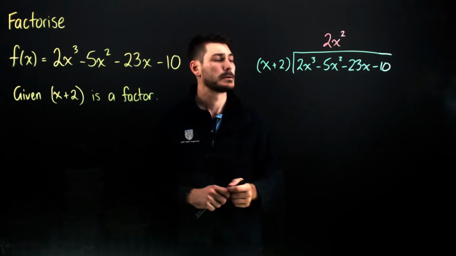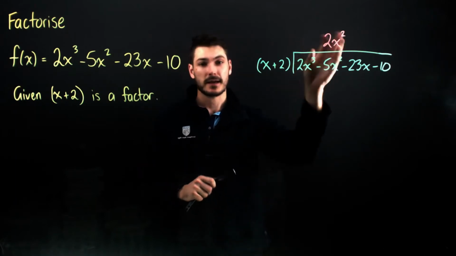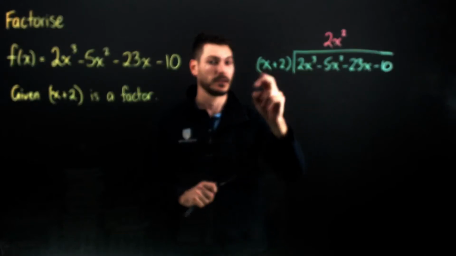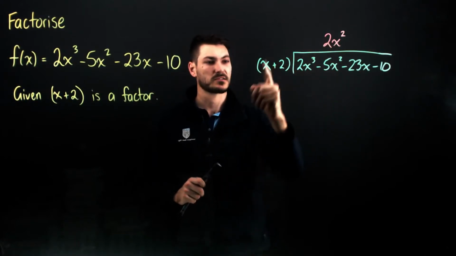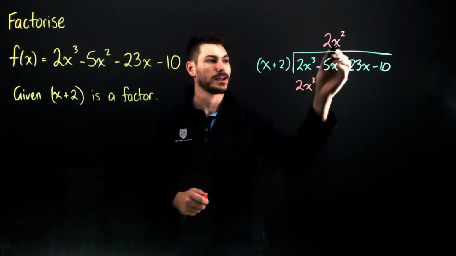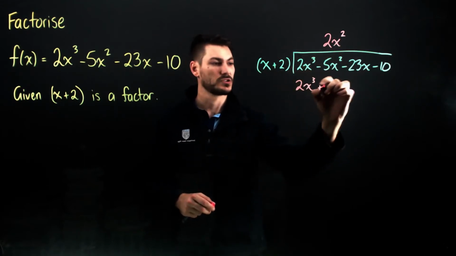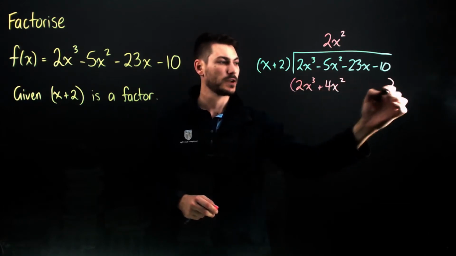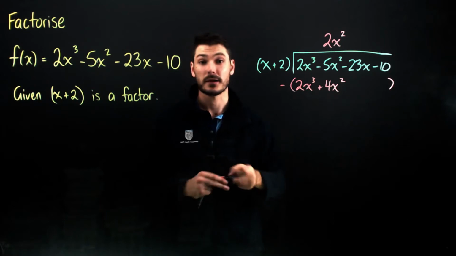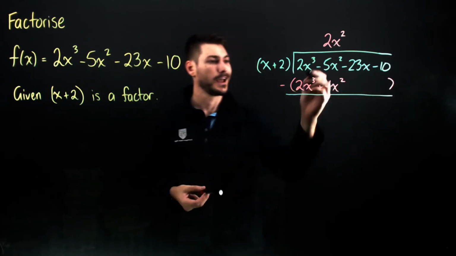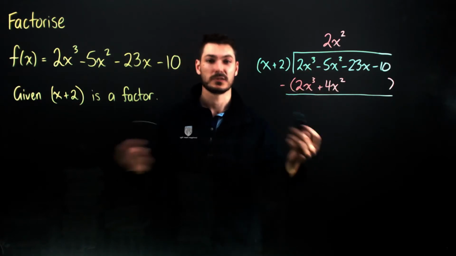Just helps me. Once I've identified that term, I'm going to take this term and multiply both of these here. So I'm going to multiply 2x squared by x, and I get 2x cubed. And I get 2x squared times 2, which is 4x squared. And I'm going to subtract that in order to find a remainder. So I'm going to draw my subtraction line here, and 2x cubed minus 2x cubed is 0.